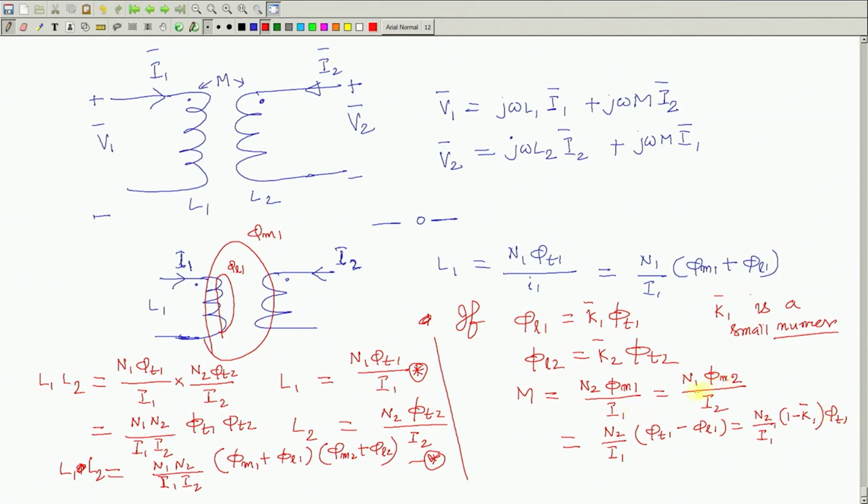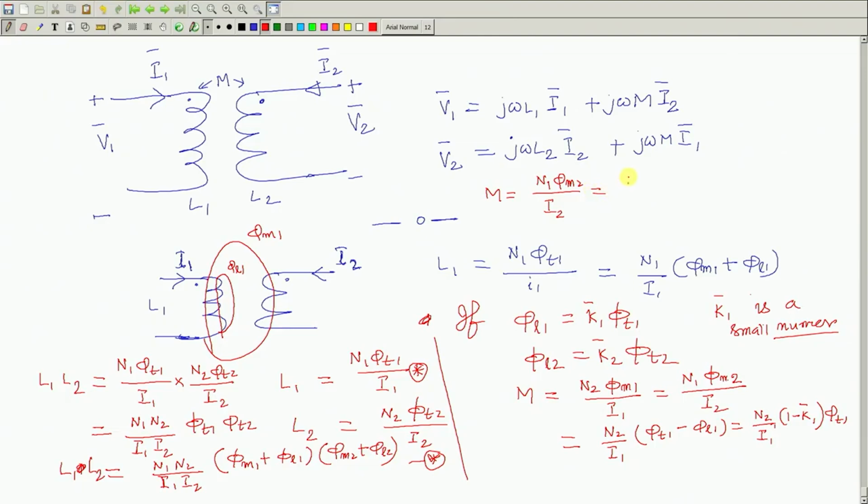Similarly, from the other equation, M is also equal to N1 phi M2 divided by I2.